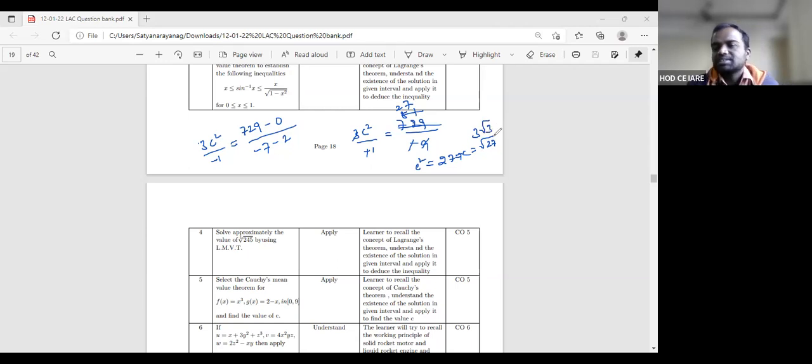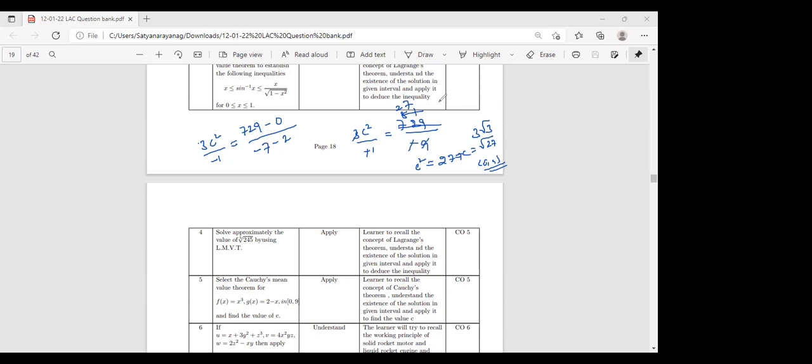So 3√3 is approximately 3 point something, and this value lies in the open interval 0, 9. Okay? Is it clear? Hello. Yes, sir.